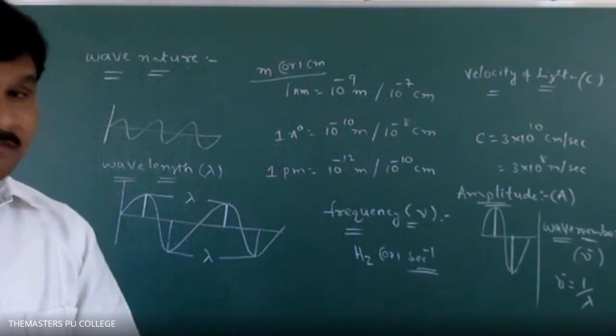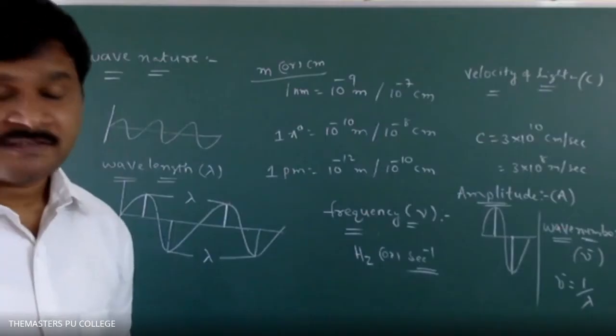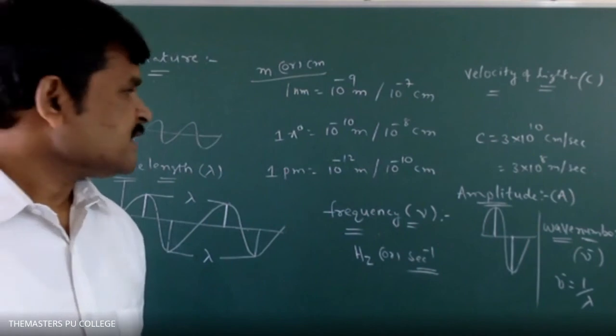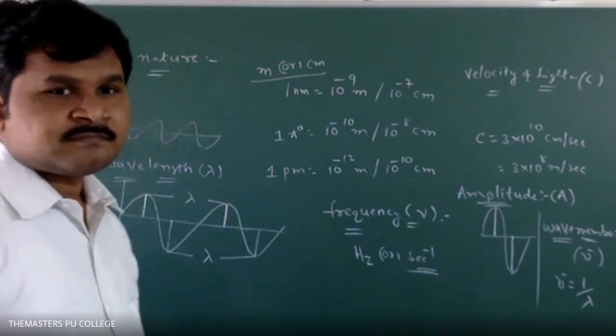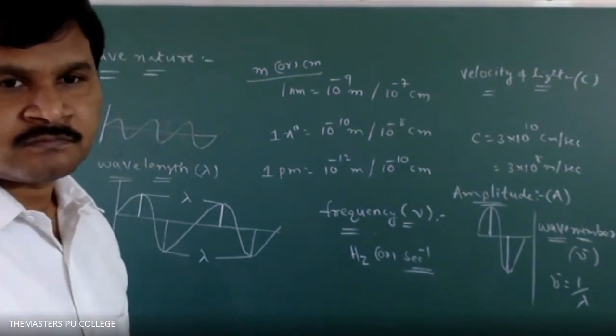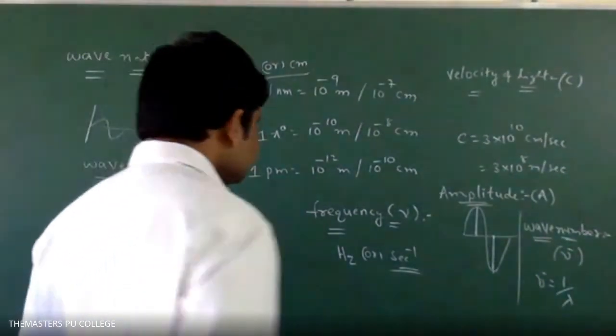Sorry. The height of the crest or depth of the trough of a wave is called amplitude.